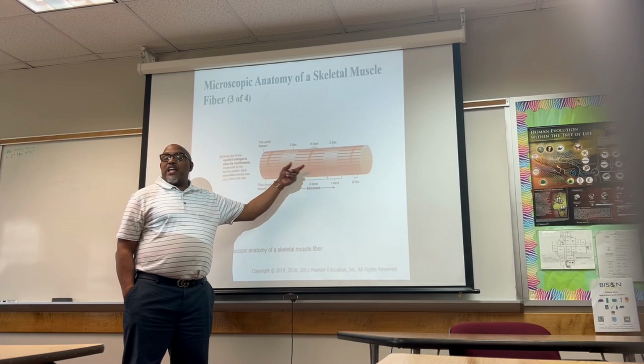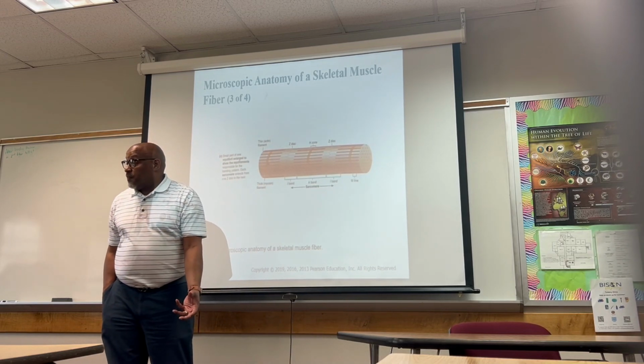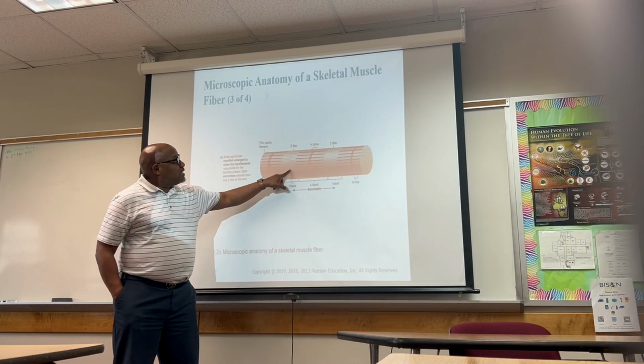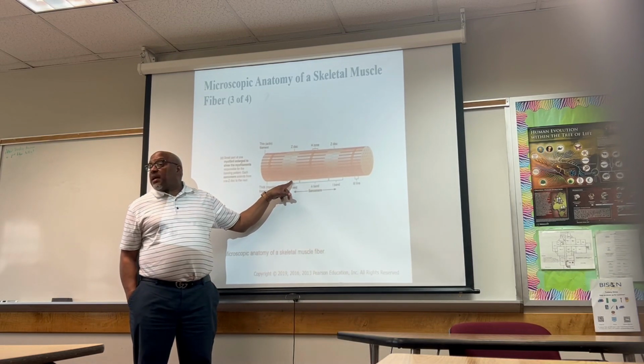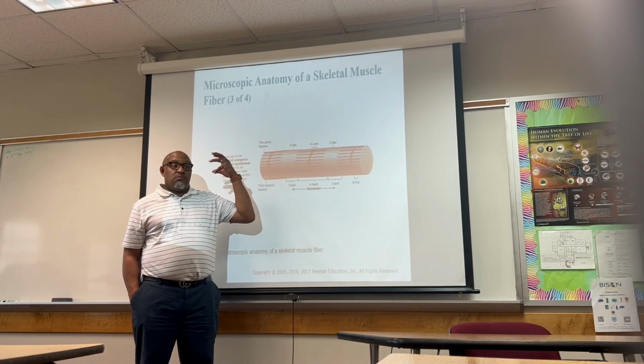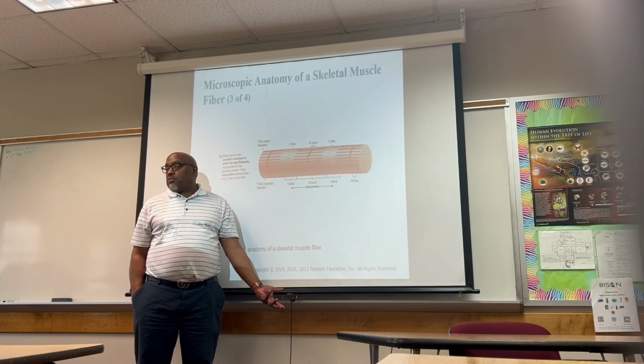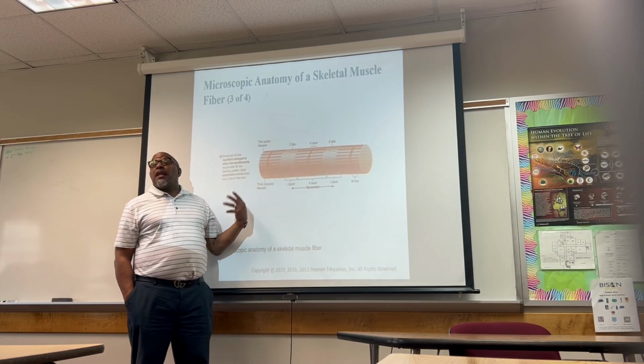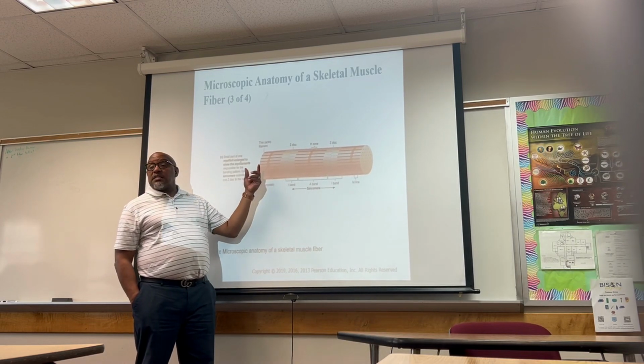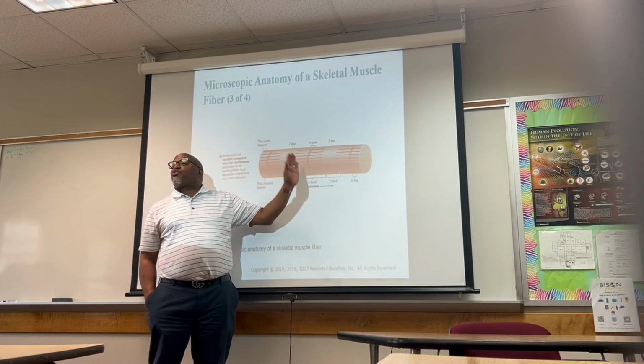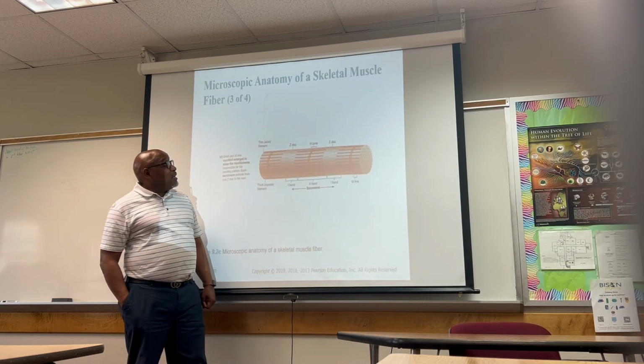So where you have overlapping proteins, it's darker in color. Where you have only one protein here, that's the light band, it's lighter in color. So more material, more proteins, it's darker. Less material, it's lighter. That's what forms the striations that we see in an individual muscle cell.